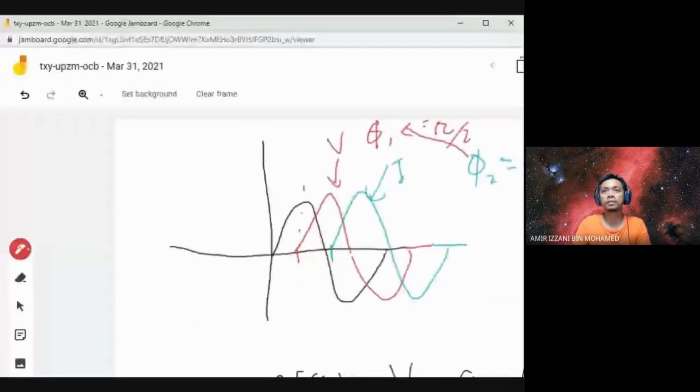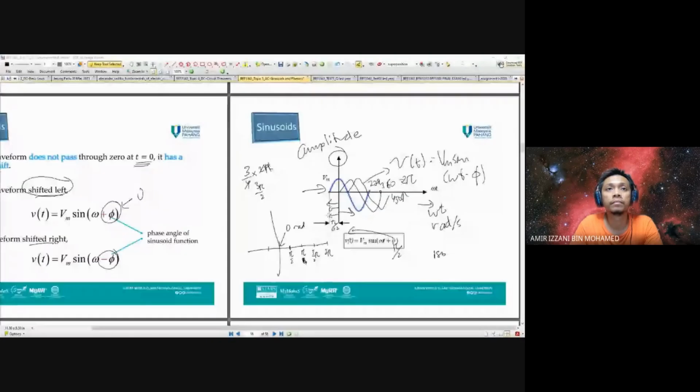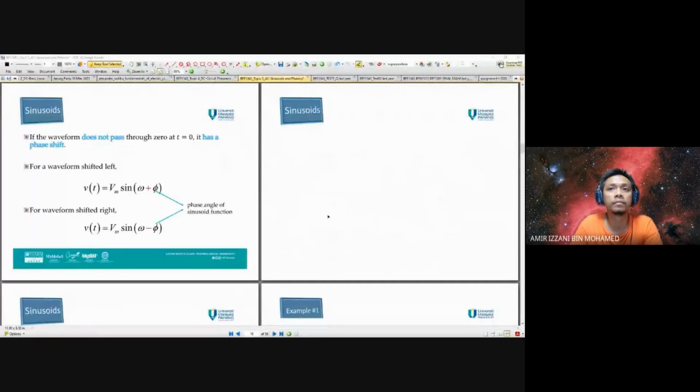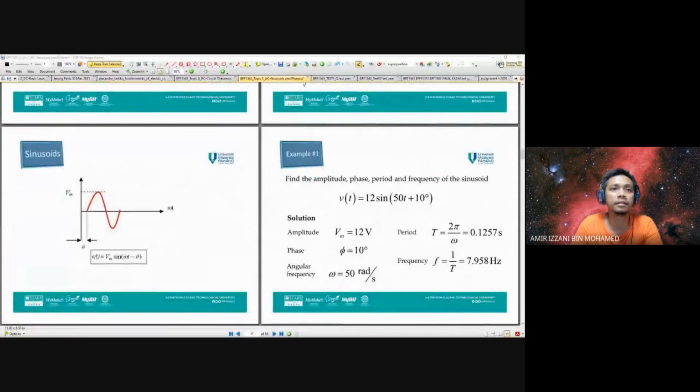Okay, let's move back to our slide. This is the example if shifted to the right, so it's minus here.